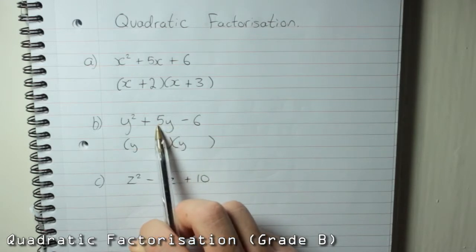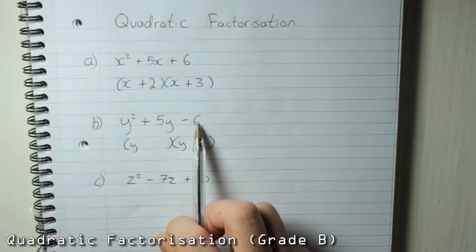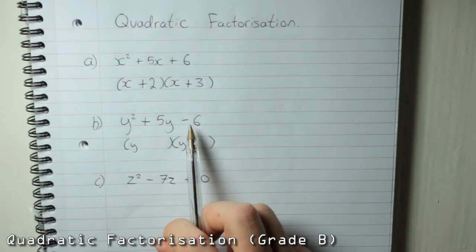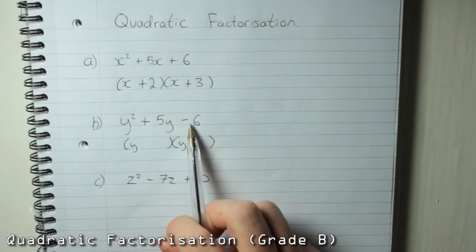So again, I'm going to think of two numbers that multiply together to give minus 6. Because there's going to be a minus, it means that one number has to be positive and one number has to be negative. So, first of all, I think 2 and 3 again. We tried 2 and 3 before, and that worked. Remember, one of them has to be negative.